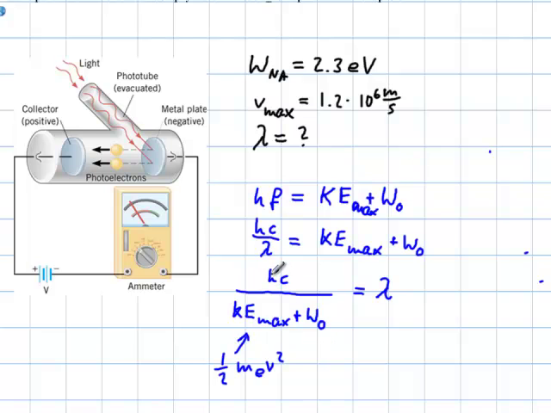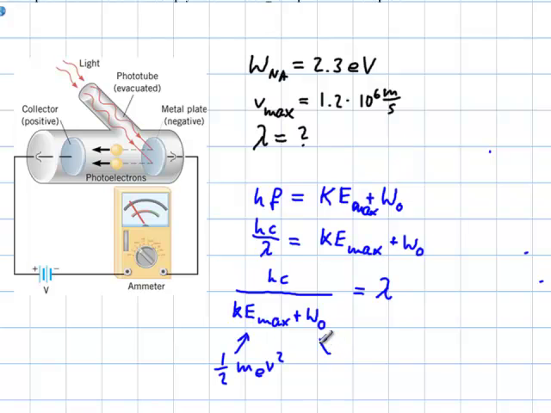This one here is 6.626 times 10 to the negative 34, and speed of light is 3.0 times 10 to the 8th. Then 1/2 times 9.1 times 10 to the negative 31 kilograms. Velocity is given in the problem as 1.2 times 10 to the 6 meters per second.